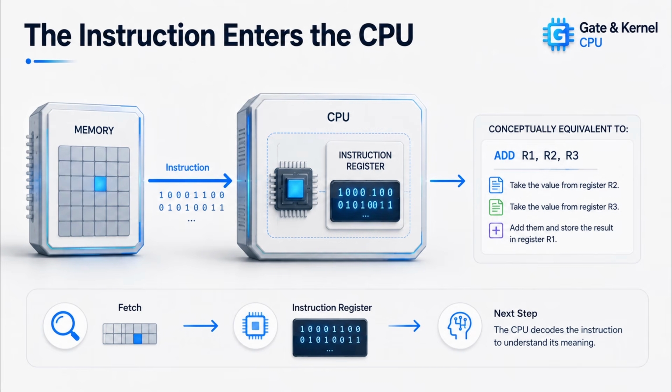That binary pattern may represent something like add R1, R2, R3. This means: take the value in R2, take the value in R3, add them together, then store the result in R1. But the CPU still needs circuitry to recognize this meaning. That happens during the decode stage.